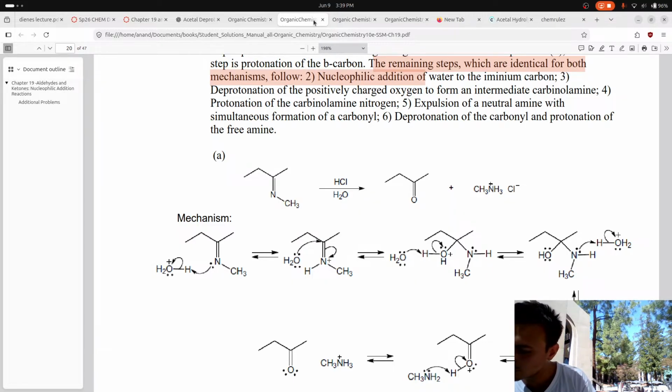I'm assuming because of sterics, it would bond here or react here. According to Vaughn, it's not going to be here or here because then we'd have a bridge, and bridges aren't the most stable.